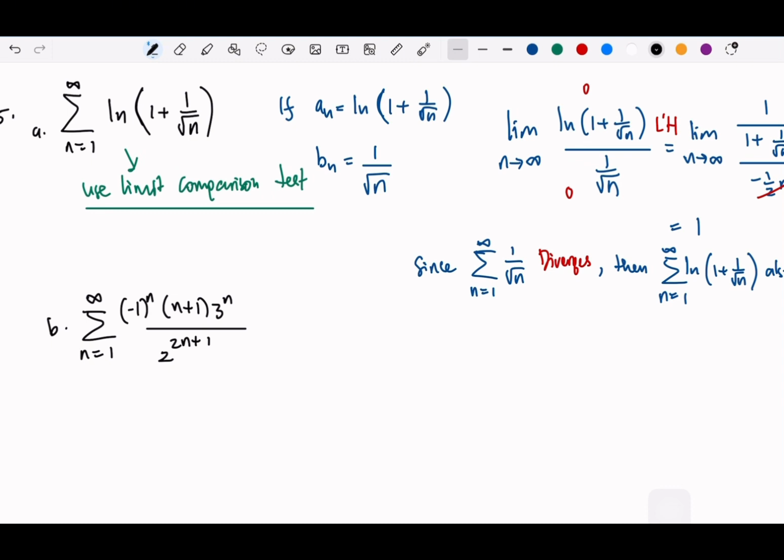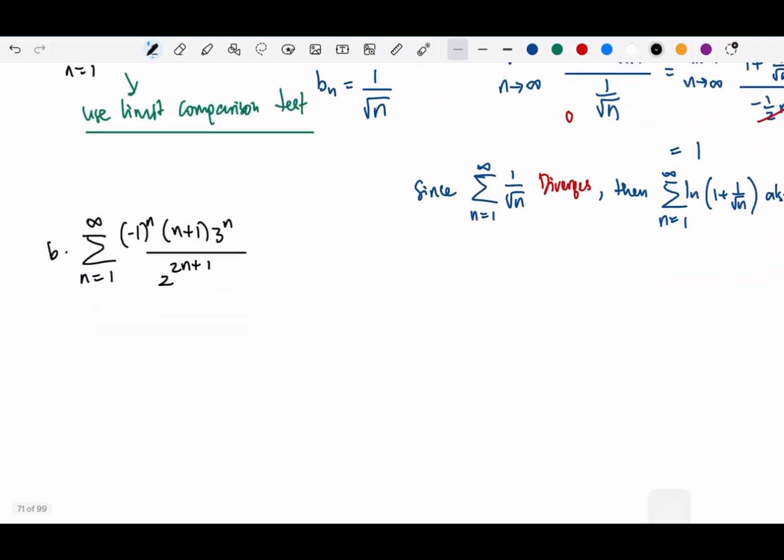And this is alternating. Either take the alternating series, or we could directly use the ratio test. Because in the ratio test, we are going to take the absolute value. So when it converges, it will converge absolutely. So use the ratio test.